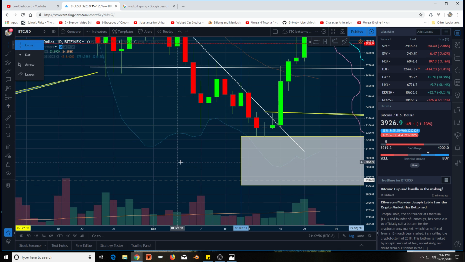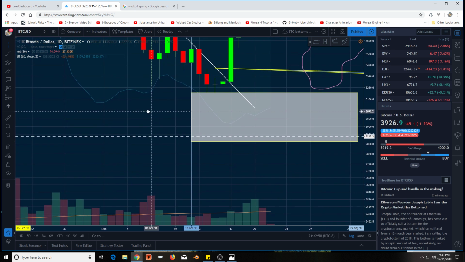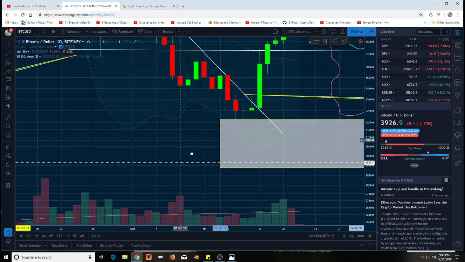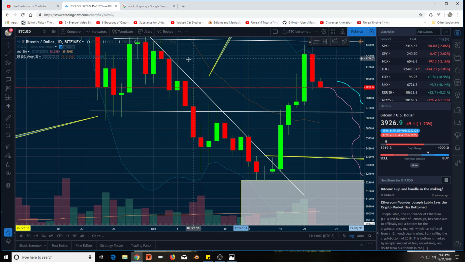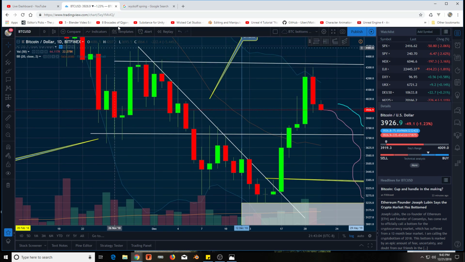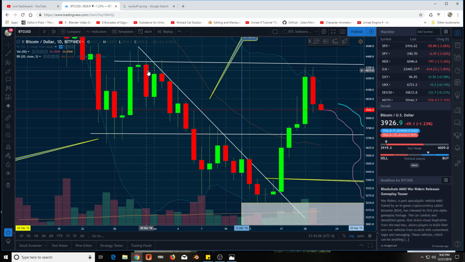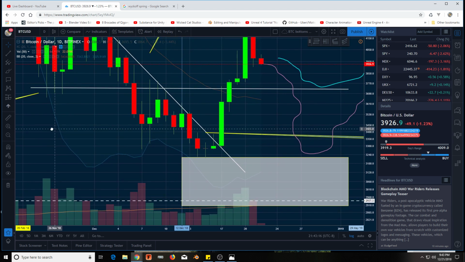Why is this interesting? It's because this area here, to me, is a spring. A lot of times it's depicted as going in between these two lines, just doing chop. Sometimes it goes down, and when it goes down, I find it to be one of the most interesting patterns.